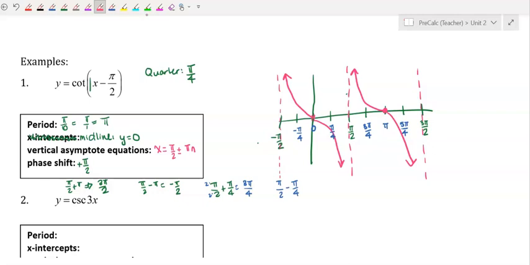So it's just like whenever we found the equation for the asymptotes for tangent. It's exactly the same way that we're going to do that, because they both have a period of pi. And then they both are just going to keep cycling those asymptotes every pi. Or really, I should say, whatever the length of the period is. In this case, it was pi.